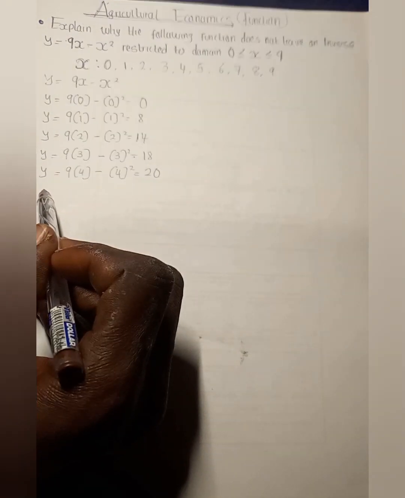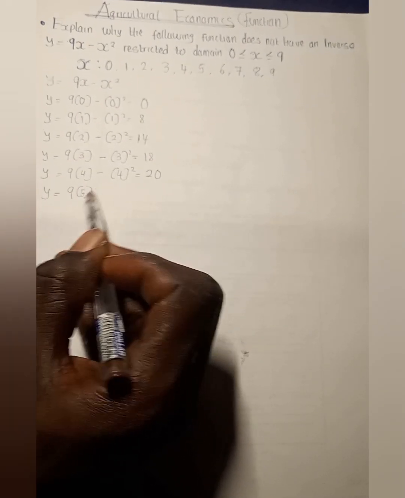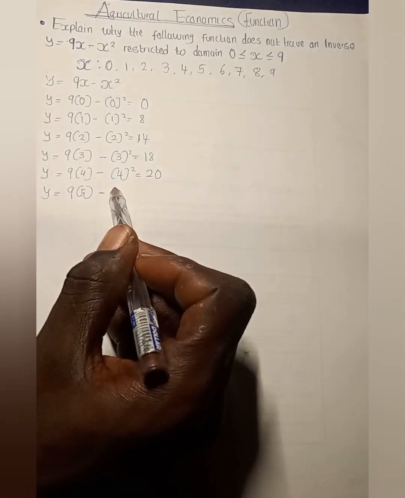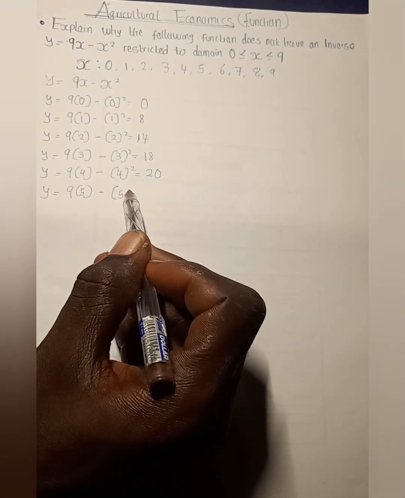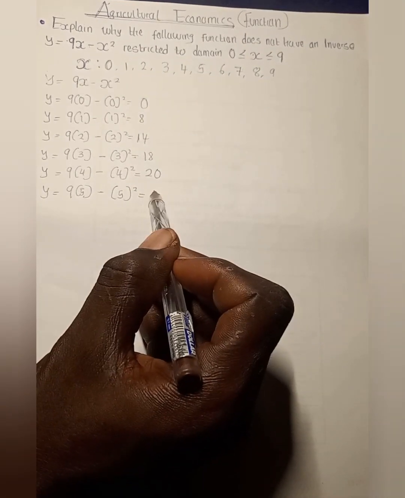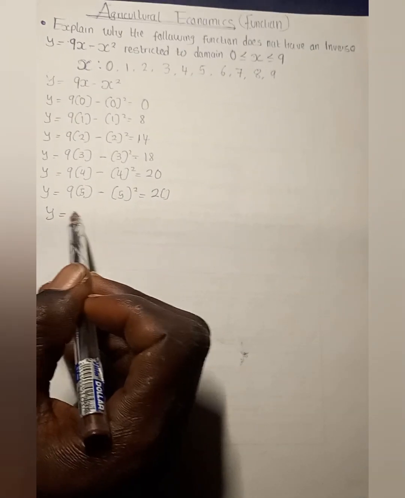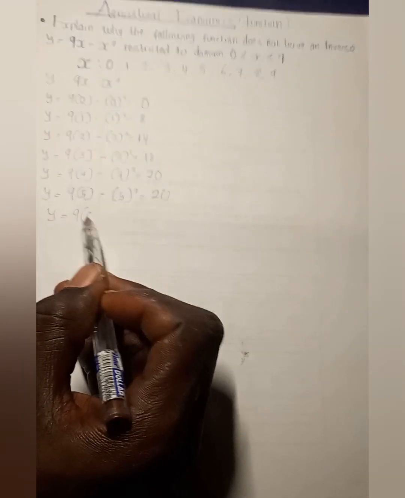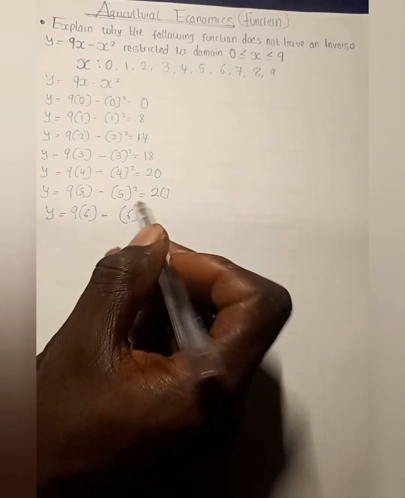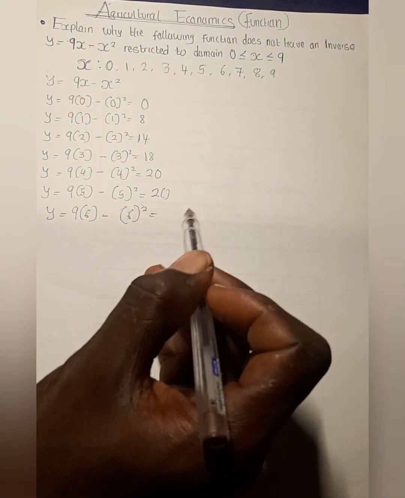Then when x is 5, 9 into bracket 5 minus 5 raised to the power of 2. Point your calculator, it is also 20. When x is 6, we have y equals 9 into bracket 6 minus 6 squared, point your calculator, it will be 18.